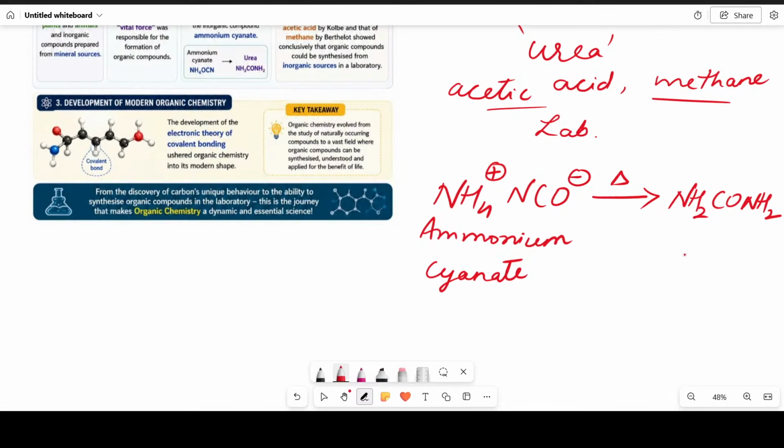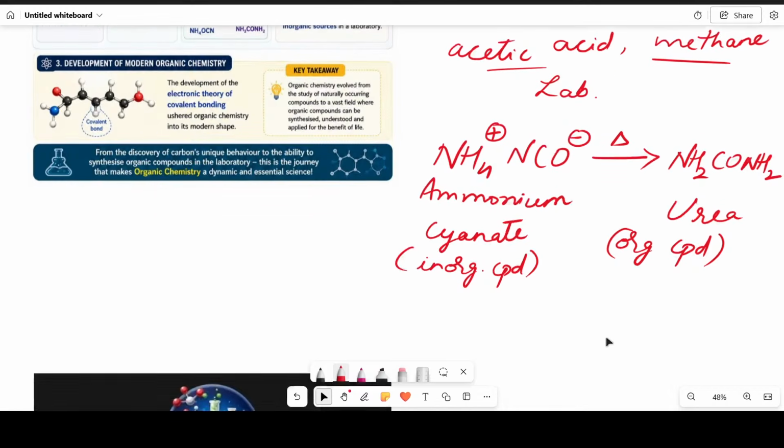So this is an organic compound, urea, whereas ammonium cyanate was an inorganic compound. So what happened here? Just the isomerization or the rearrangement of the atoms has taken place within this reaction.